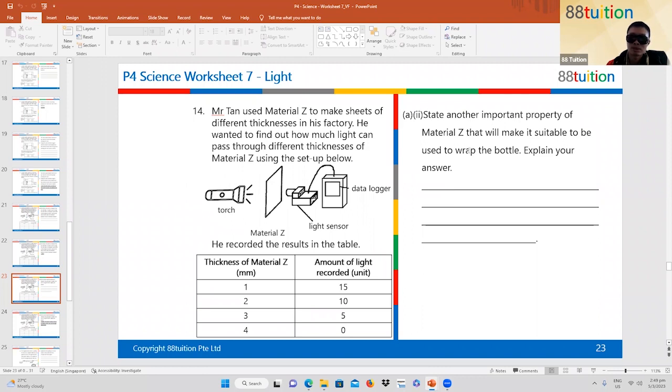Strength, Ariano, not correct. Okay, wait. Is this correct? Let me see. Make a bottle, use to wrap the bottle. Another property you mentioned is strength. Let me see, is this correct? How about Valerie? What's your answer?